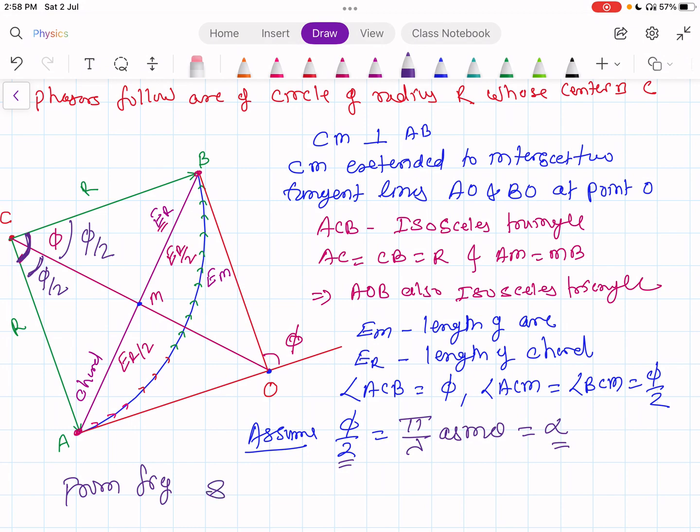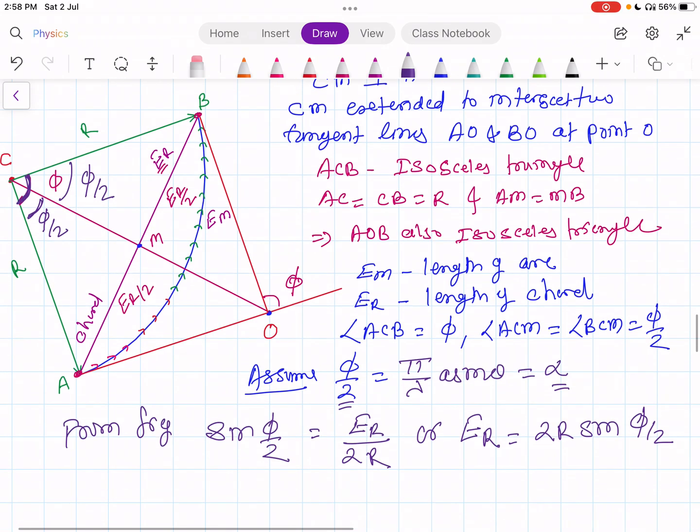So sine phi by 2 is equal to ER upon 2R, or the resultant electric field ER is equal to 2R sine phi by 2. Let us say this is our equation 1.